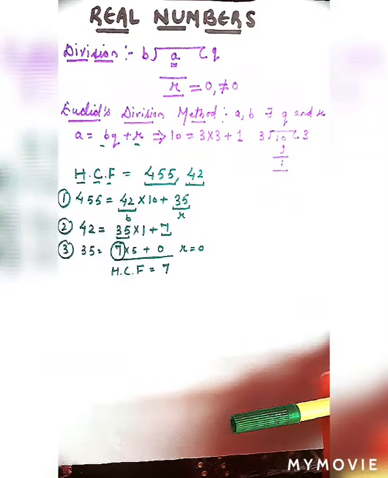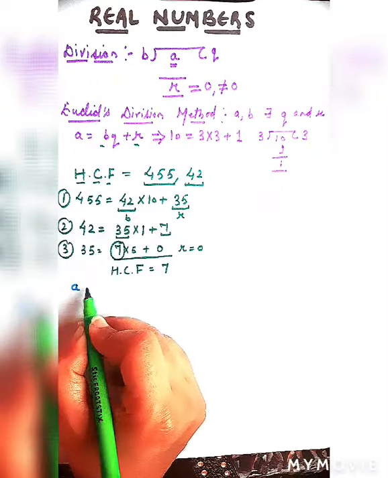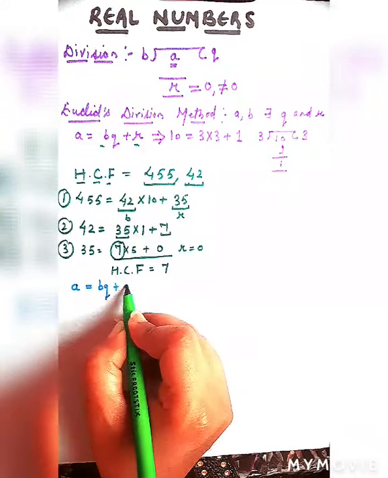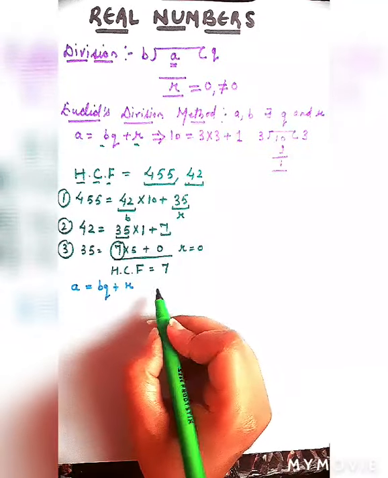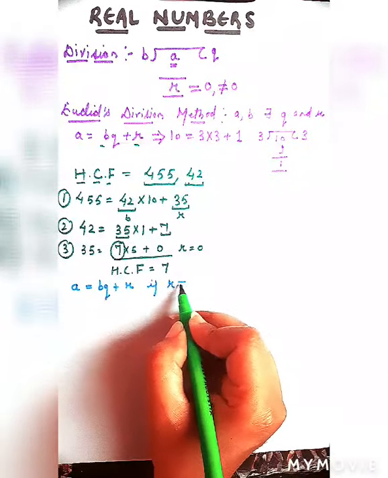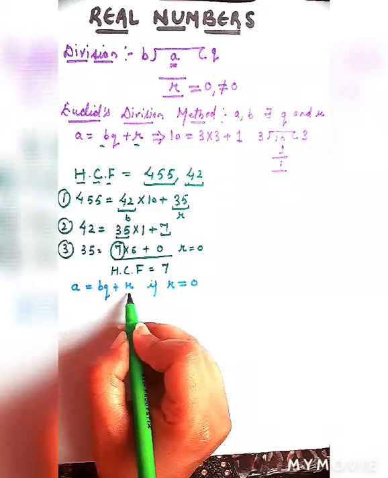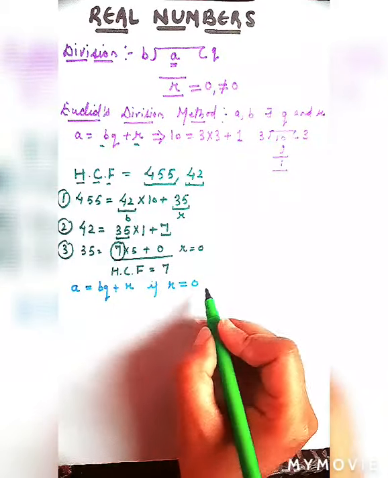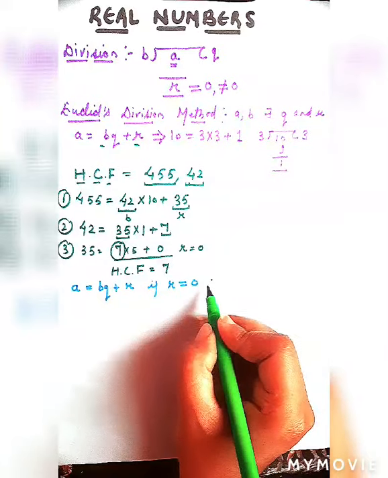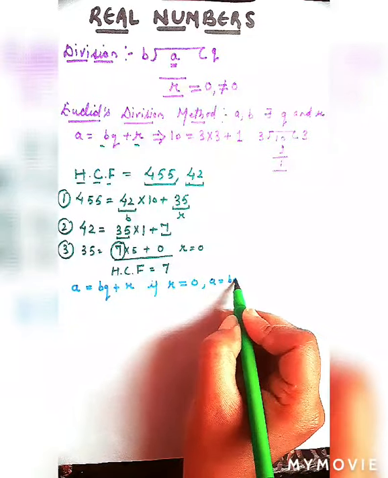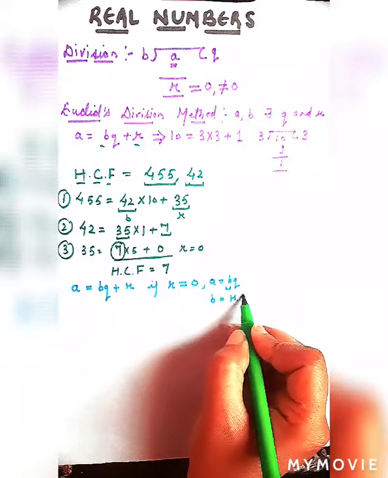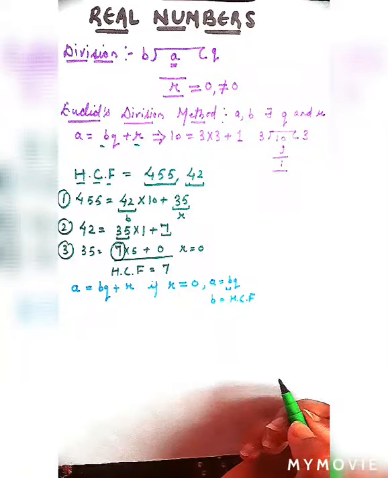And after this, A is equal to bq plus r. Fine. So if r is equal to 0, then we will have A is equal to bq. So in that case B will be our highest common factor, right?